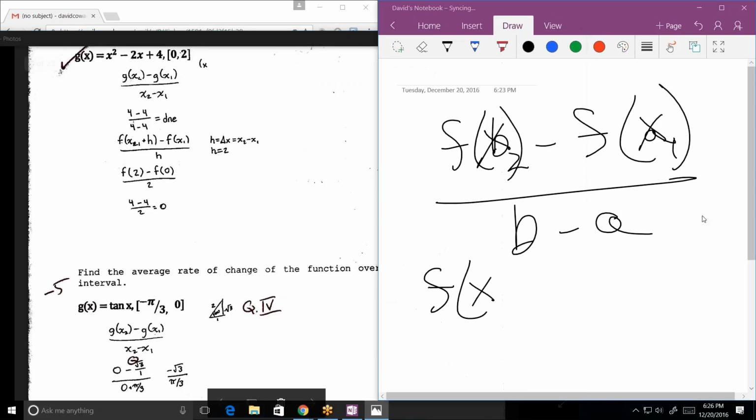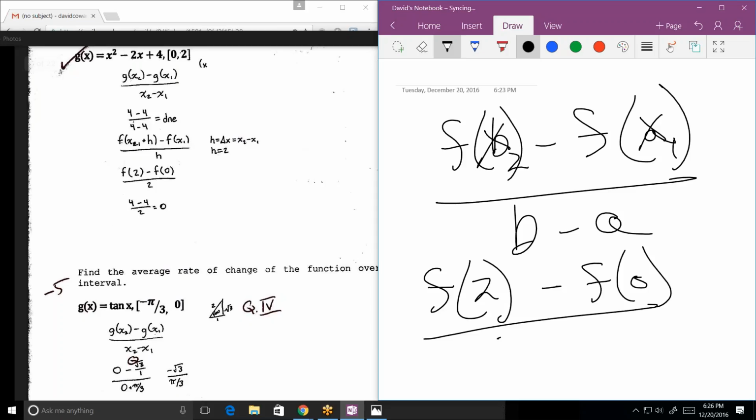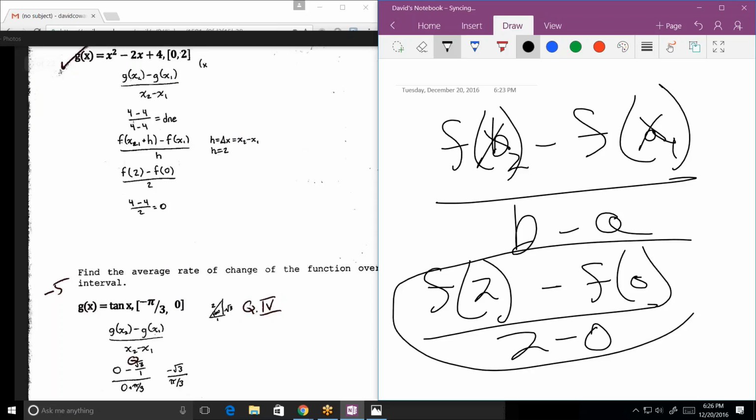So the 2 points are 2 and 0. So here's how I want to write it. I want to figure out what f of 2 is, and then I'm going to subtract f of 0, and then in the denominator, I'm going to write 2 minus 0. That's going to be your answer. That's average rate of change. Notice what else that is. Rise over run.